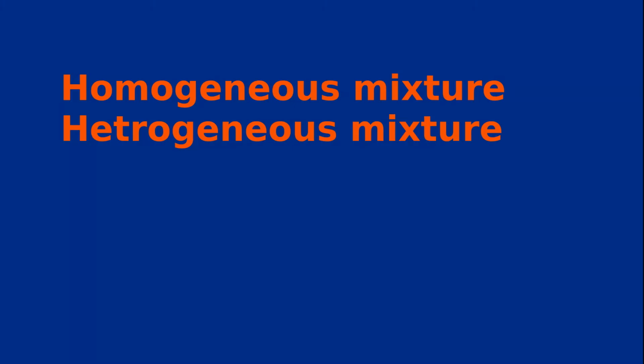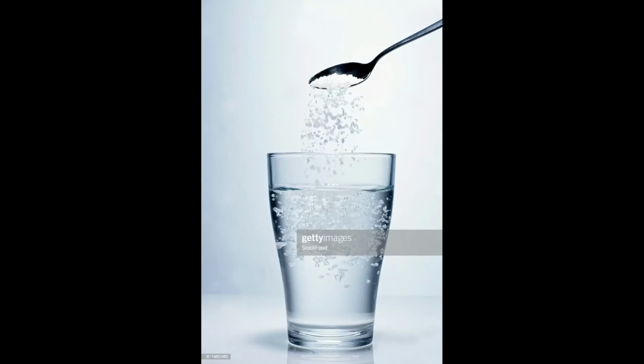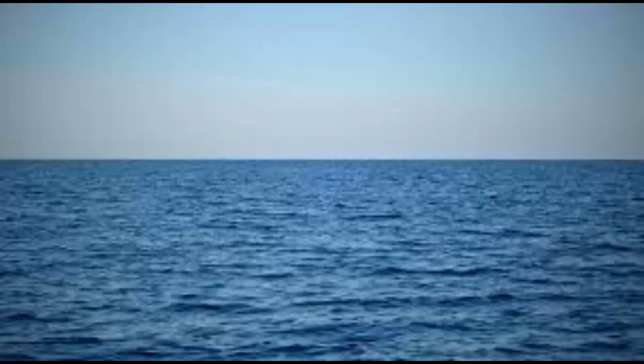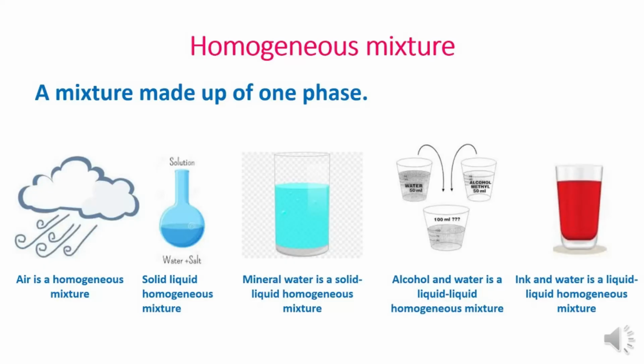If the characteristics of a mixture are the same throughout, it is a homogeneous mixture. Examples: sugar solution, seawater, air, all these are homogeneous mixtures. What is meant by a homogeneous mixture?